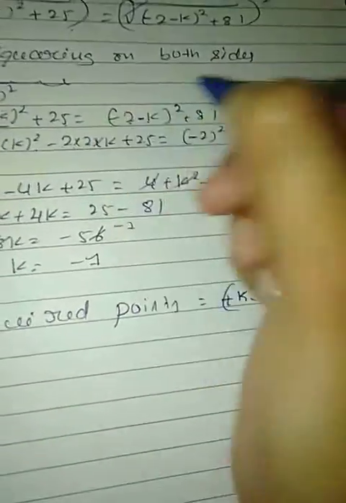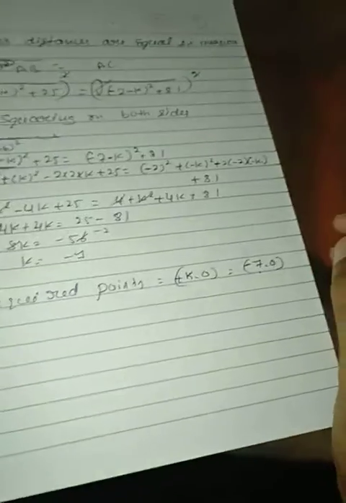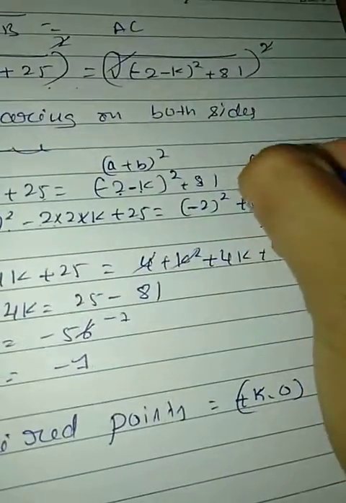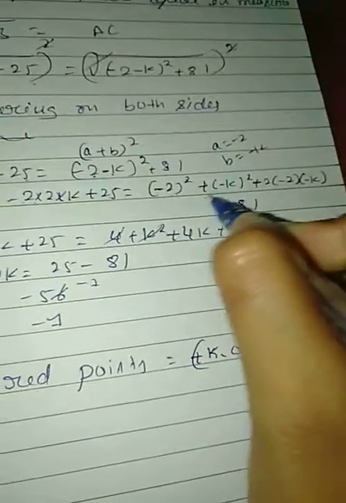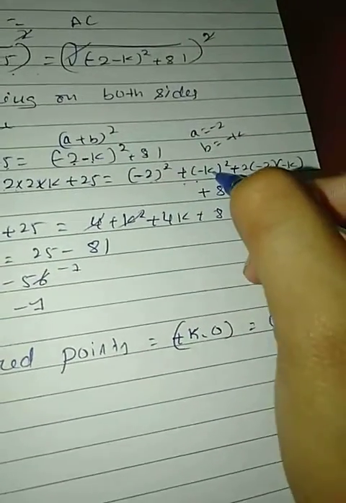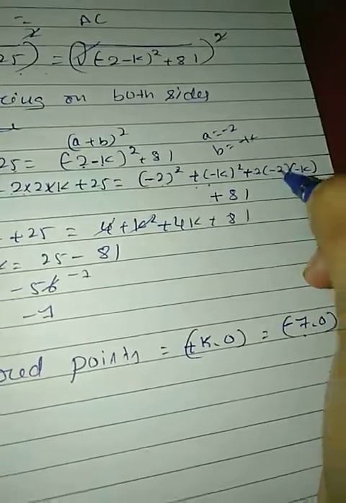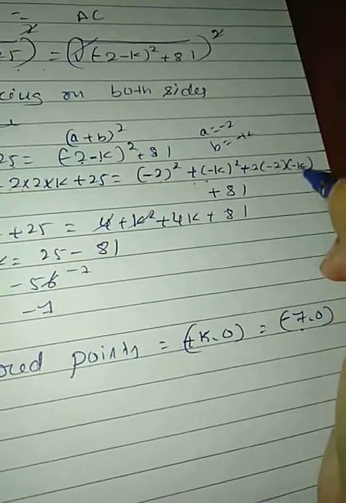This one is also in the form of (a plus b) whole square, here a is minus 2, b is minus k, so a square is (minus 2) square plus b square is (minus k) square plus 2 into a is minus 2, b is minus k.